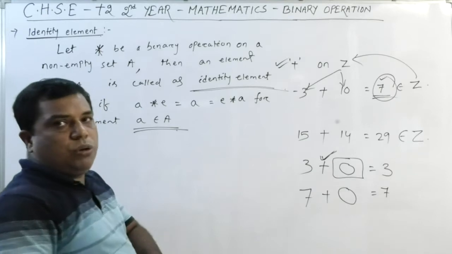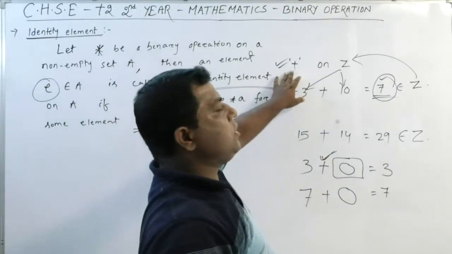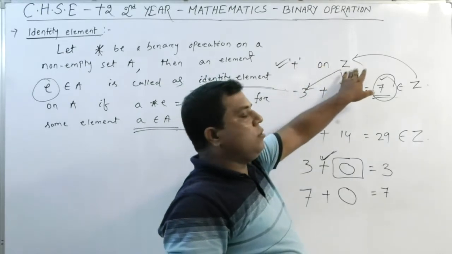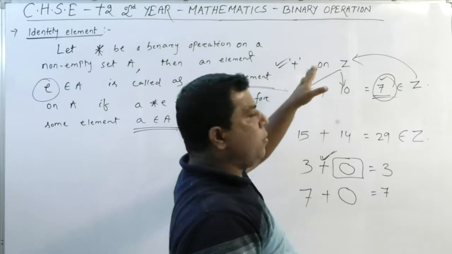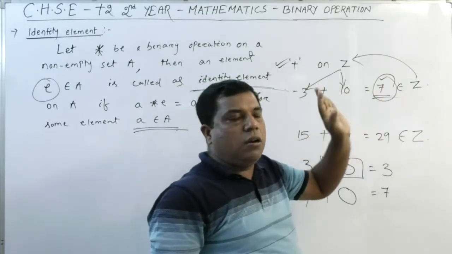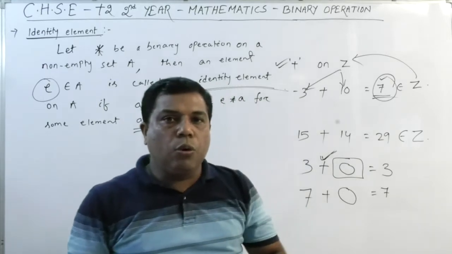Again I am repeating: suppose we take the binary process addition on the set of integers. First of all we check whether it is a binary operation or not. For a binary operation it should satisfy the closure law.